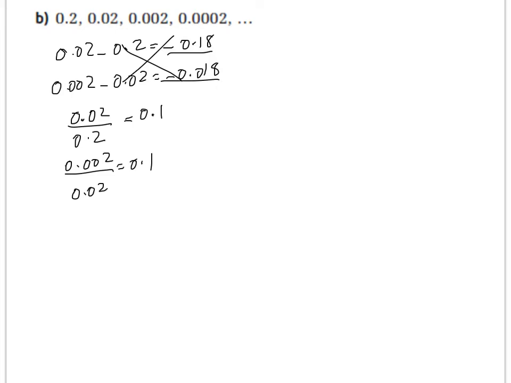Since the ratios are the same, we can say that this is a geometric sequence. Of course, you have to also check that 0.0002 divided by 0.002 is going to give you 0.1, which in fact it does. So this means that this is a geometric sequence.